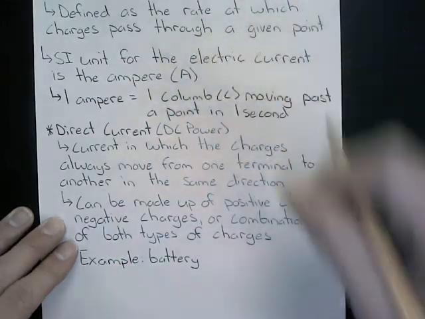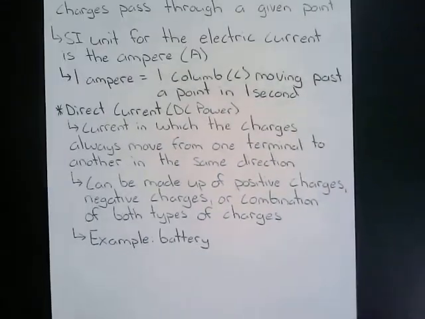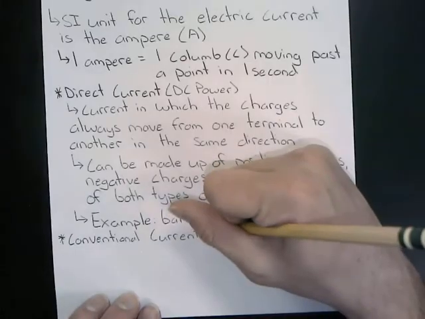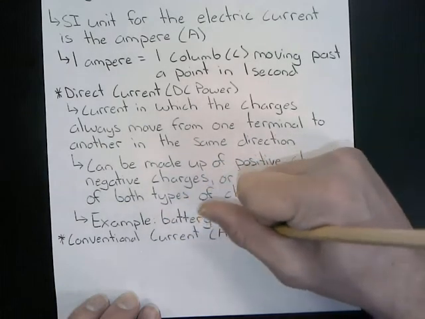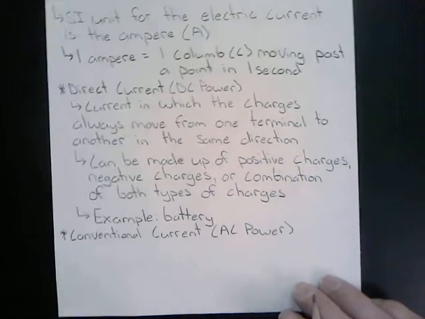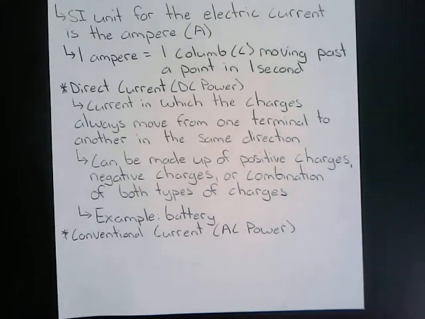Another concept here, as we're talking about current, is what we call conventional current. Now, you may hear conventional current referred to as AC power. Okay, so these are two common terms here. But in conventional current, the current moves in the opposite direction that the electrons move.